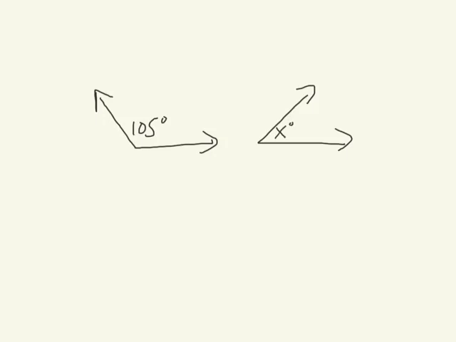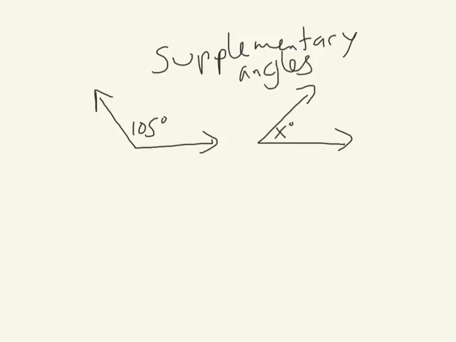So, a pair of supplementary angles and one angle measured at 105 degrees, what would our other angle have to measure? We're going to call that x degrees. Remember, these are supplementary angles, and they have to add up to 180 degrees.